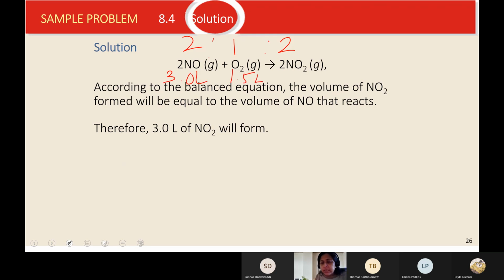And what is the volume of NO2 that will be produced? Yes, it would be 3.0 liters. We obtain it from the balanced chemical equation.